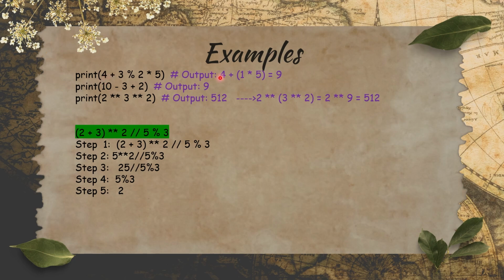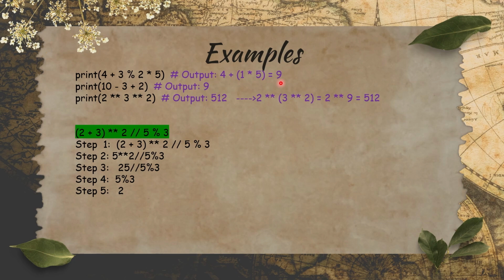You can just ignore it for now since we are not considering addition at this time. Next, multiplied by 5, you can keep as it is. Now solve for multiplication, since we have solved for modulus remainder. 1 multiplied by 5 is 5, and 4 plus 5 is finally 9, as expected.